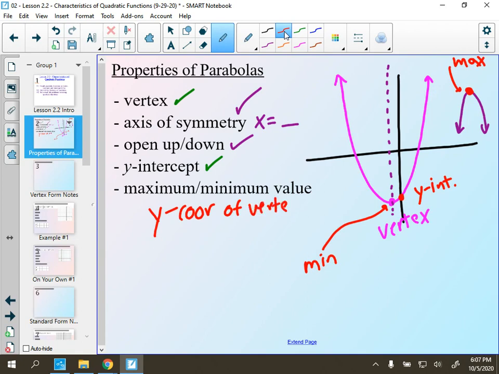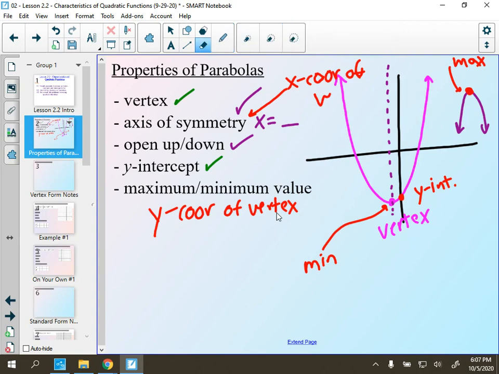So the vertex is kind of the big deal, as it tells us a lot of stuff. It's totally connected to the axis of symmetry. This axis of symmetry is also always the x-coordinate of the vertex. That's not very good.